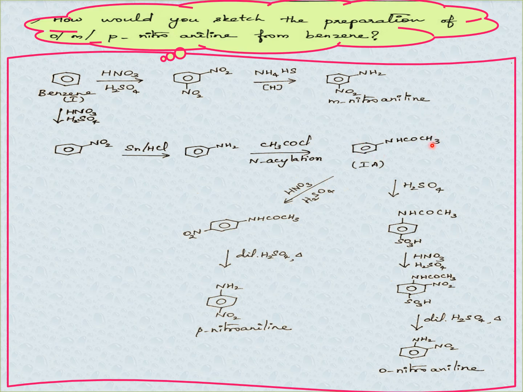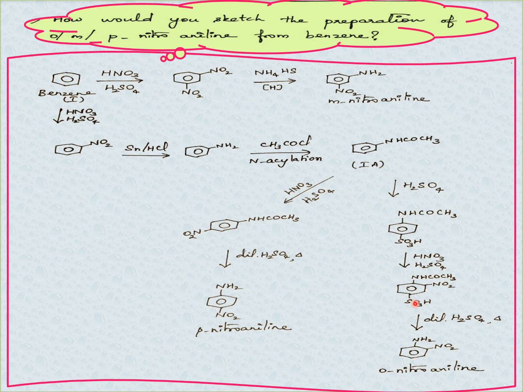Similarly, from the anilide functionality, we can sulfonate by using concentrated sulfuric acid. SO3H is introduced para to the anilide functional group, and followed by nitration, substitution has to take place ortho to the anilide functional group. This position is also meta to SO3H. At this position, NO2 was substituted, followed by dilute acid reaction.